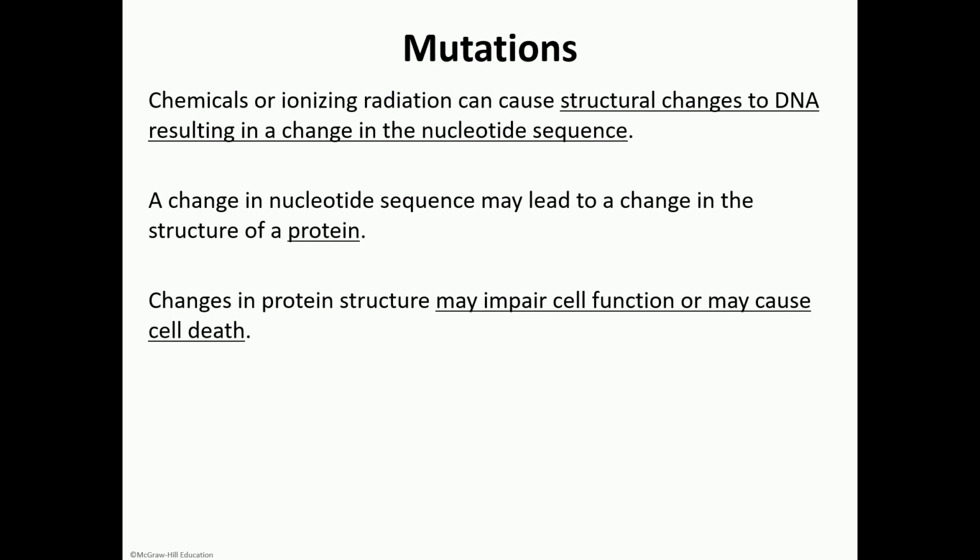We call that a silent mutation, where it does not affect the protein being made. A lot of times, though, the mutation can lead to different diseases. It can also be deadly because you've made a protein which could impair the cell function or actually lead to cell death.